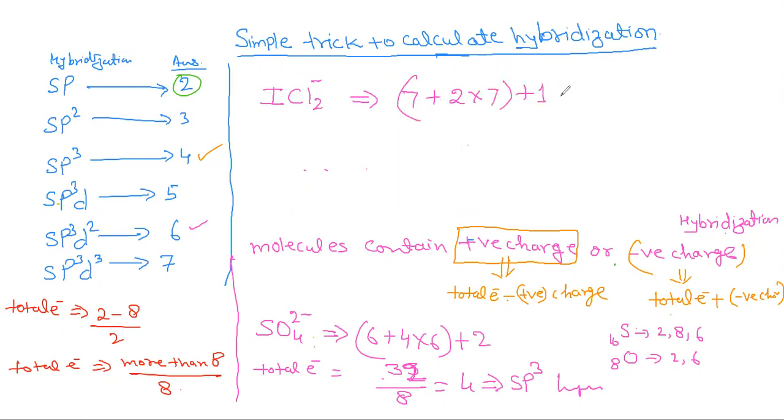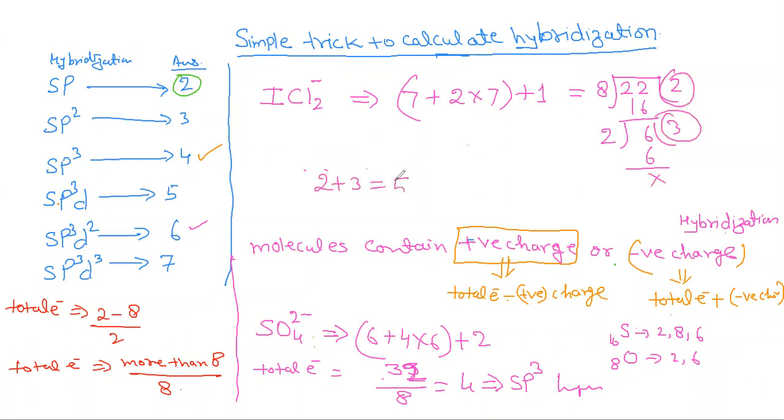Negative means plus 1, so total electron is 22. Again divide by 8: 8 twos are 16, remainder 6. Then again divide by 2: 2 threes are 6. Now sum these 2 points: 2 plus 3 equals 5. So that equals sp3d. This is a very simple trick to calculate the hybridization.